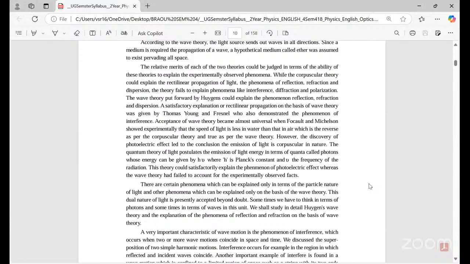But when the wave theory entered the picture, Huygens could explain the phenomena of reflection, refraction, and dispersion. A satisfactory explanation of rectilinear propagation on the basis of wave theory was given by Thomas Young and Fresnel, who also demonstrated the phenomena of interference.